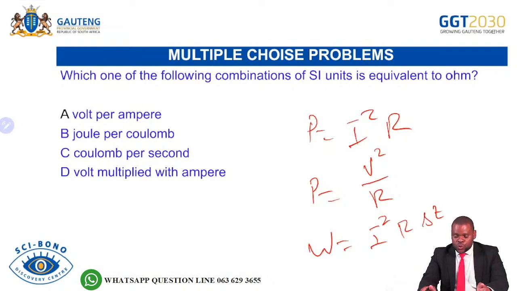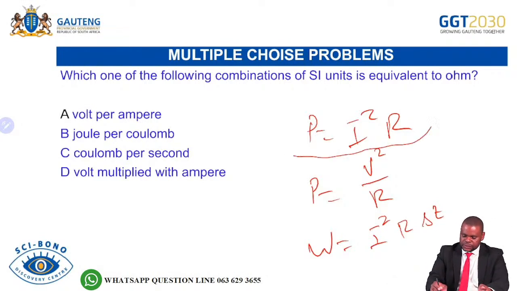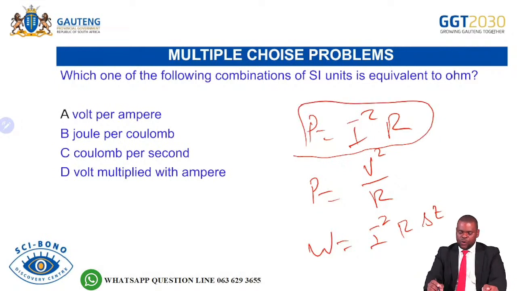Grade 12? Let's start with this. Here, when you make R the subject of the formula, we will be having what? R is equal to P over I squared. And here, when we make R the subject of the formula, we found that it is what? V squared over P. Can you see?